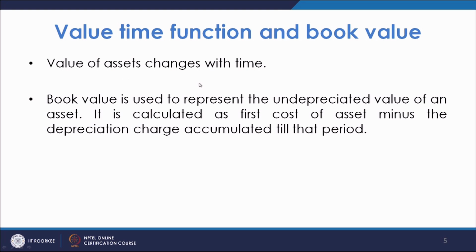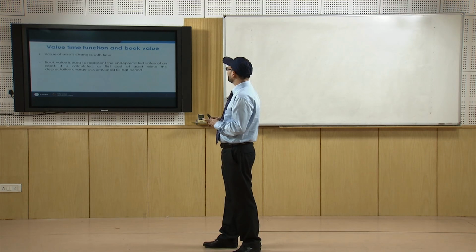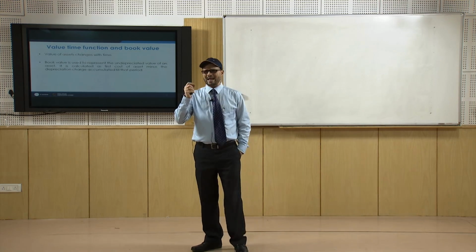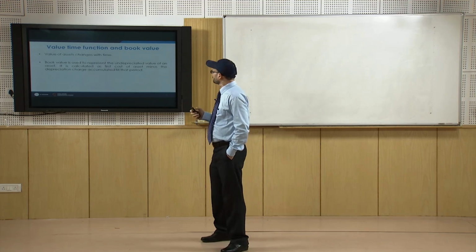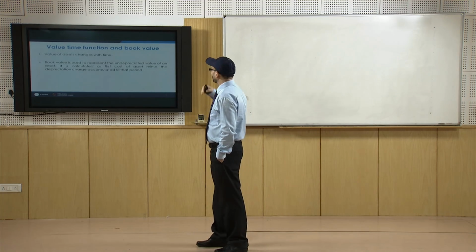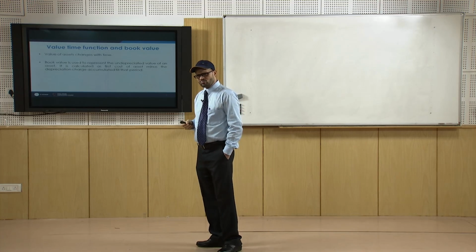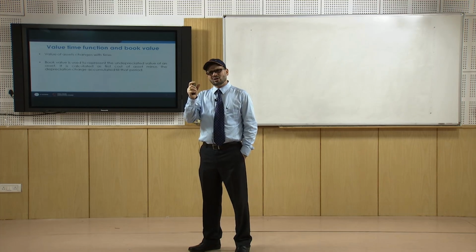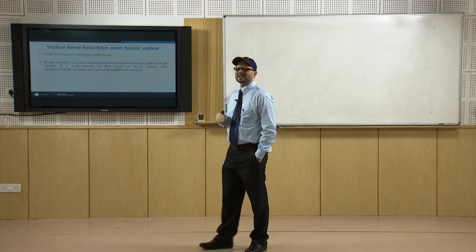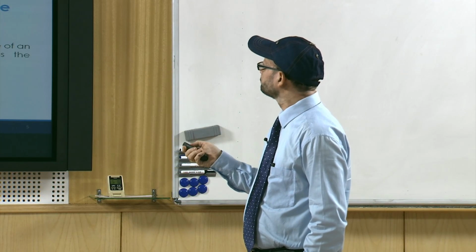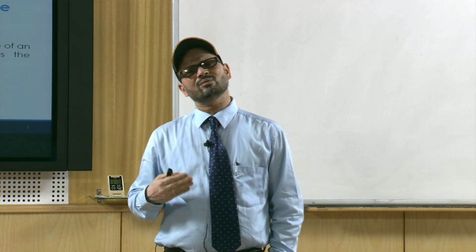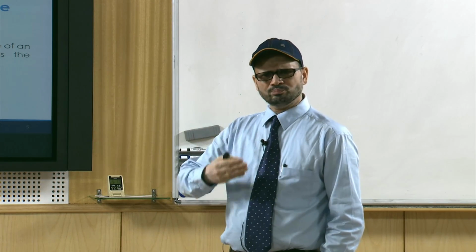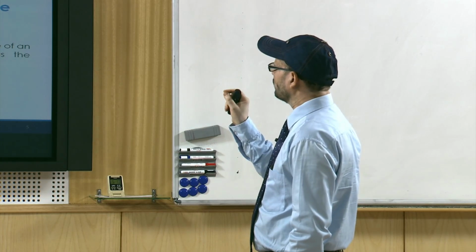Now, in depreciation we come across certain terms like book value. If you have an asset whose value is something now, then its value will change with time. The functional relationship which shows how the value of the asset changes with time is known as the value time function. You have different kinds of functions which may represent how the book value is changing with time.